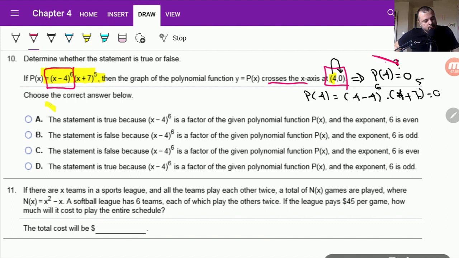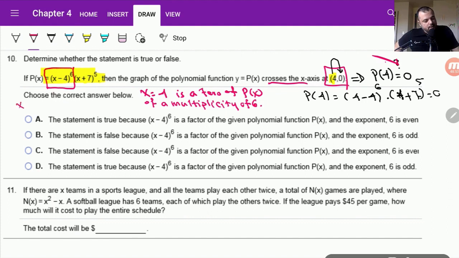So the first 0: x equals 4 is a 0 of the polynomial p of x, of multiplicity 6.